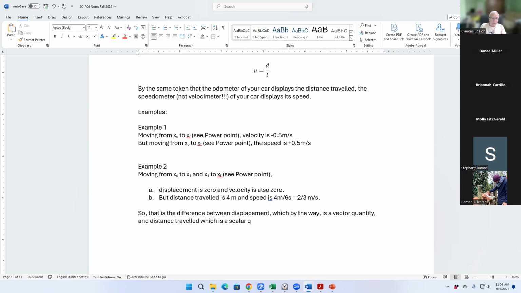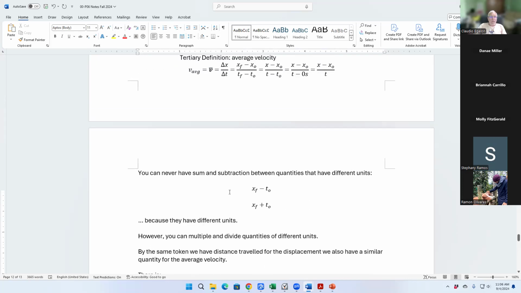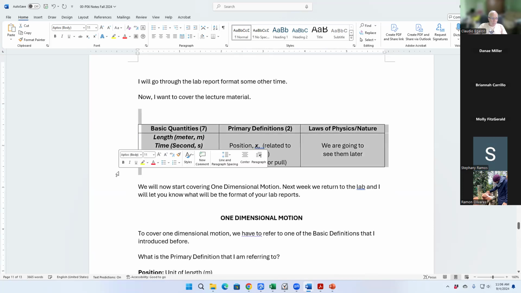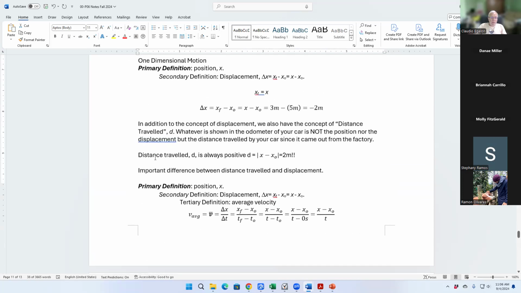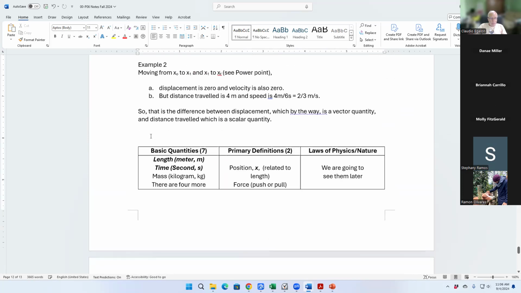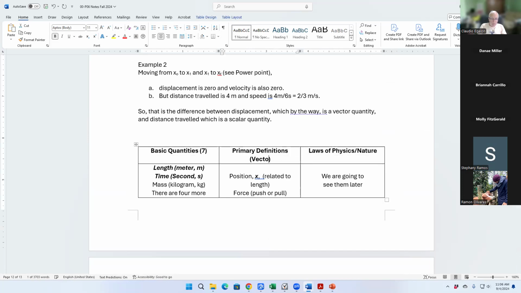Scalar quantity. And we can say the same about the basic quantities and the primary definitions. The primary definitions, they are vectors. And the basic quantities, they are scalar quantities.